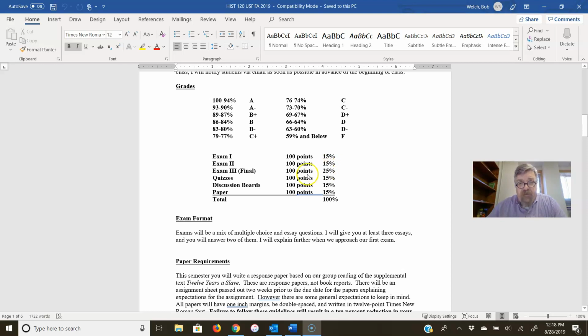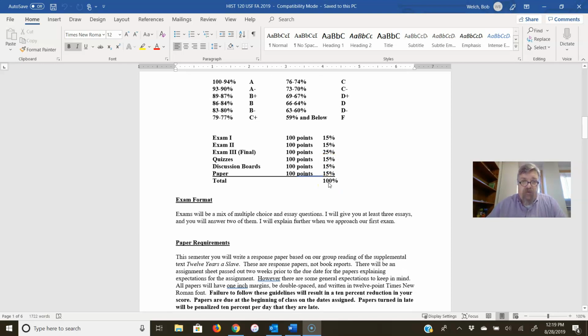But your final exam, even though it's worth the same number of points, is worth 25%. You'll be used to my testing style by then. You'll be able to have a better expectation what I'm looking for in questions and in answers. So the third exam is going to be something where you can make up ground because it has a heavier weight.